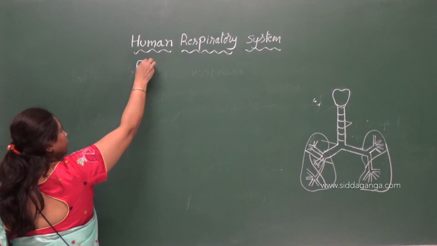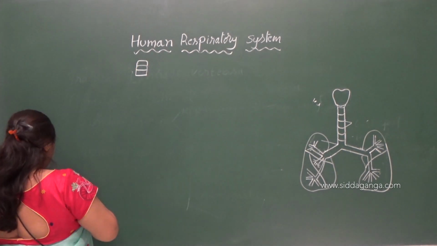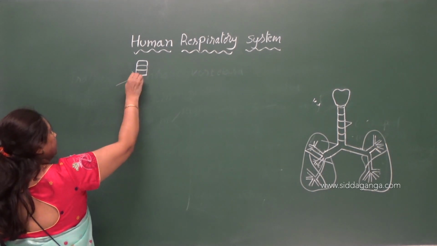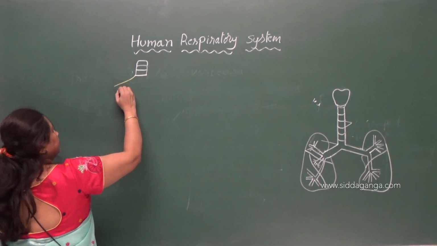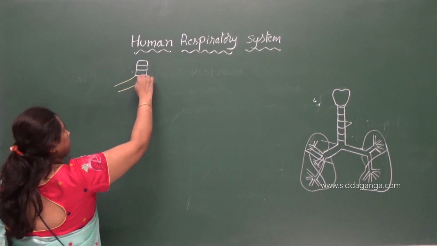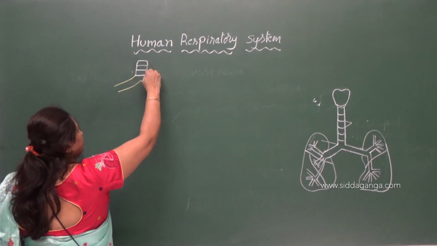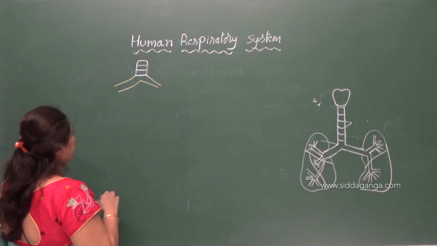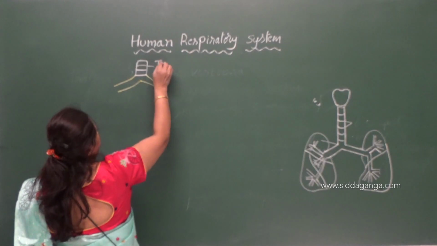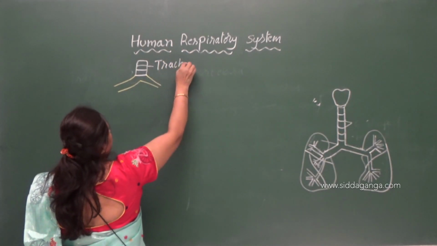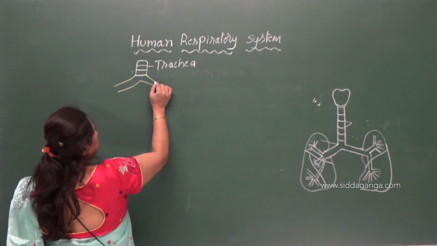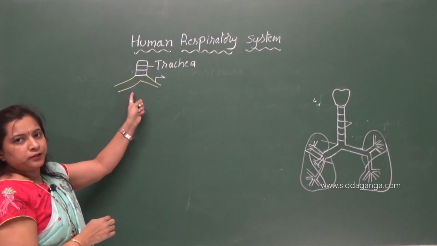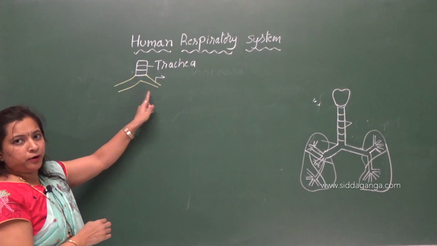At the level of the fifth thoracic vertebra, it will divide into two branches. Okay. So this is called what? This is the trachea. Then this is what? It will divide into two branches, which are called the primary bronchi.